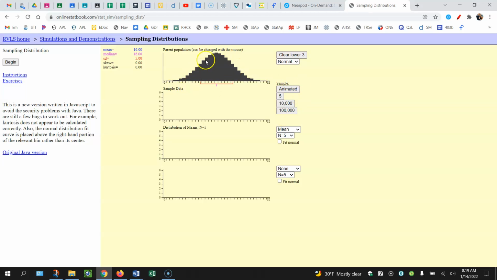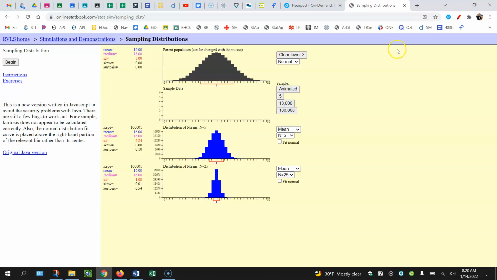So here's our population distribution. If I take a sample of size 5 and calculate the mean, 1, 2, 3, 4, 5, there's the mean. It's going to do a sample of size 25 in a minute and calculate the mean down here. This is starting to create the sampling distribution.